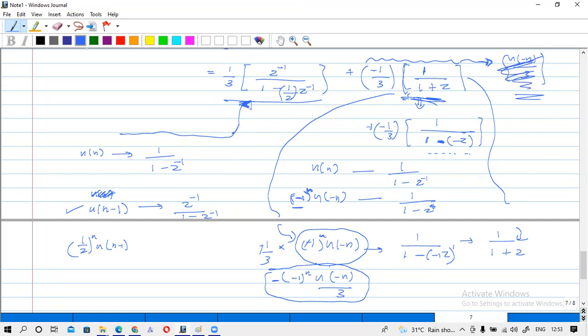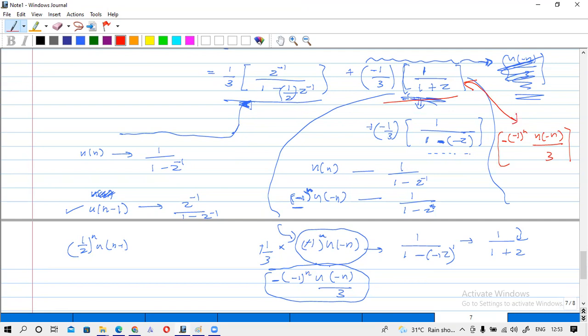So for this part it will be minus n u[-n] divided by 3, and this minus is there. So this will be the answer for this term. Correct, because I forgot this n.